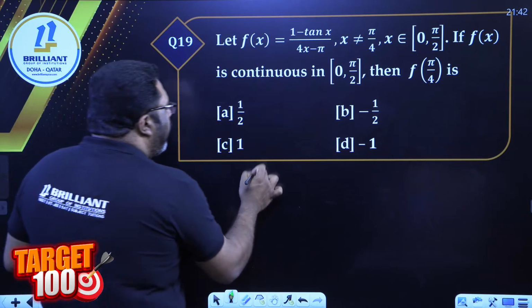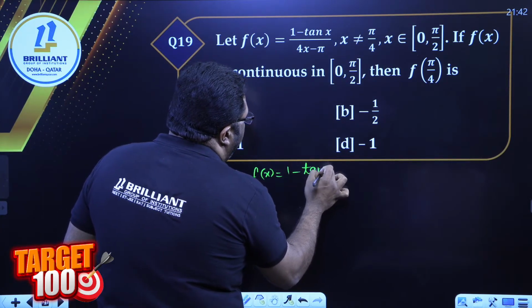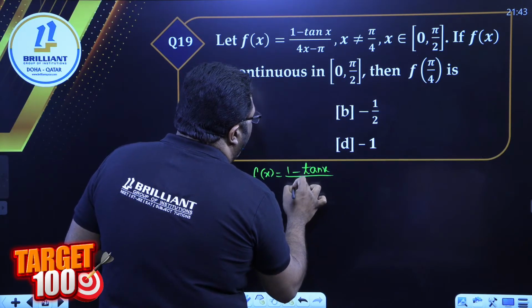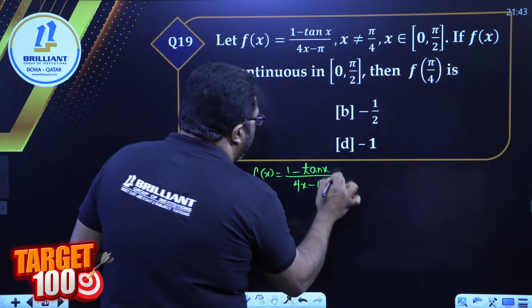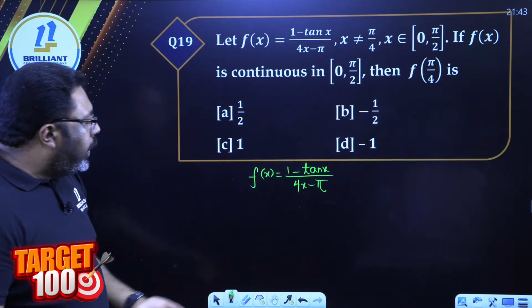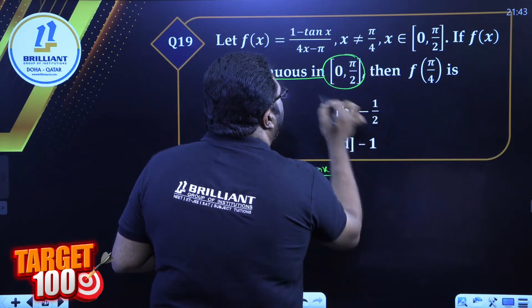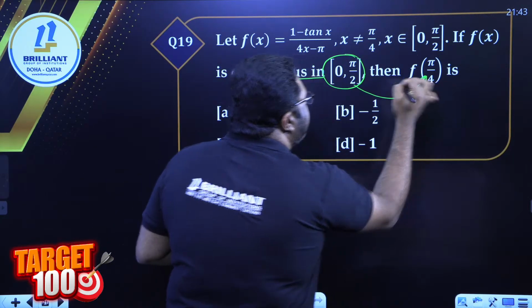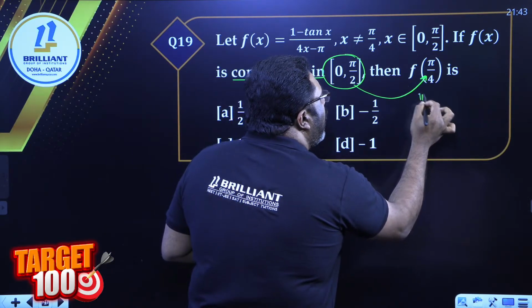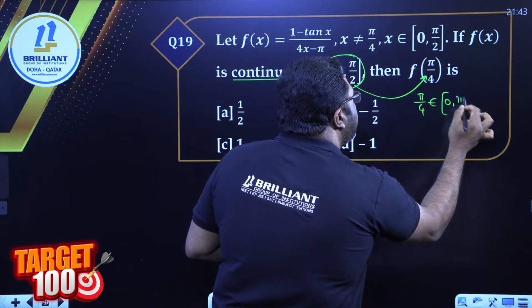See, f of x is equal to (1 minus tan x) by (4x minus pi). And this comes for MCQ. Normally everybody will not know how to do it, and they're saying that this function is continuous inside the interval, and I'm supposed to put the value of x as pi by 4, and I know that pi by 4 definitely belongs to this interval 0 to pi by 2.